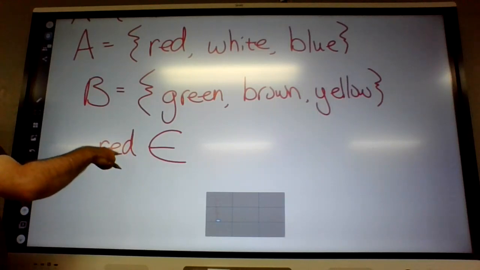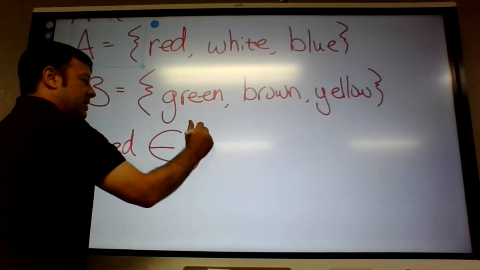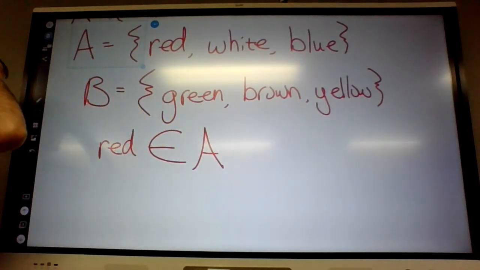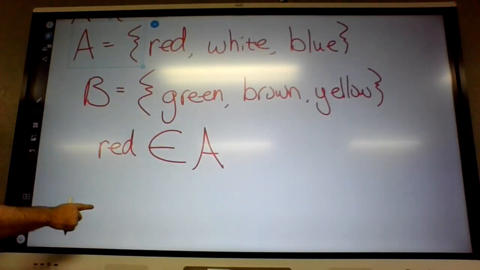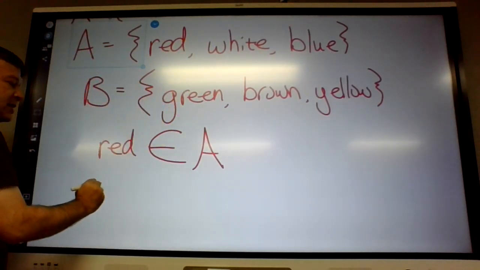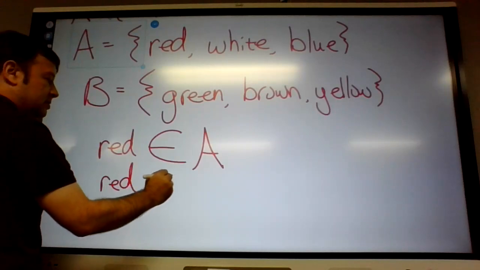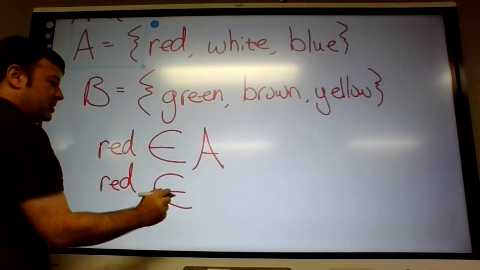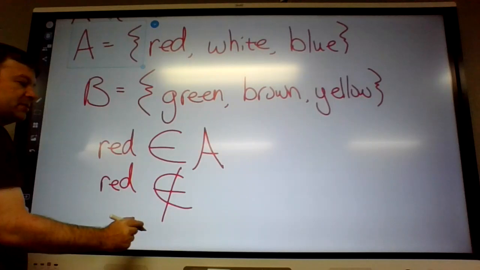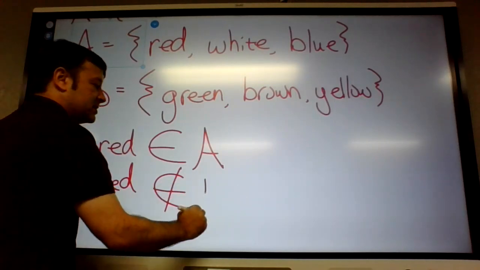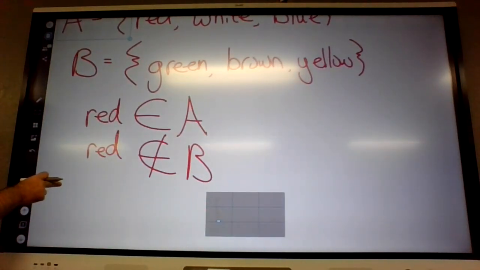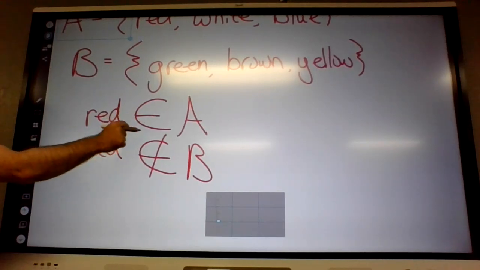So red is an element of set A. It just means it's one of the things, one of the members of that set. Okay, is red an element of set B? No. So the fancy way of writing that is putting the element symbol and then putting the slash through it. That just means it's not an element of set B. Got it? So that's symbol number 1.